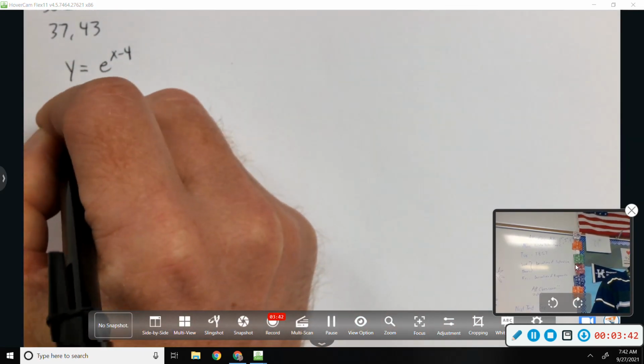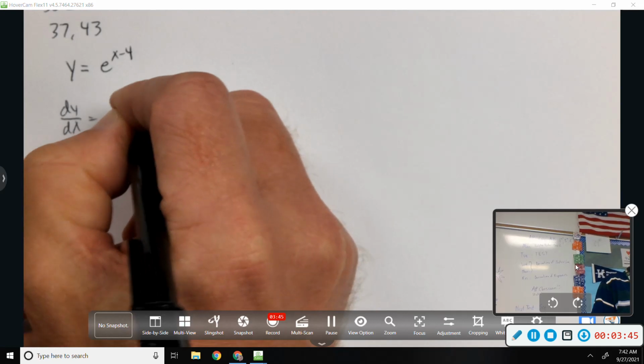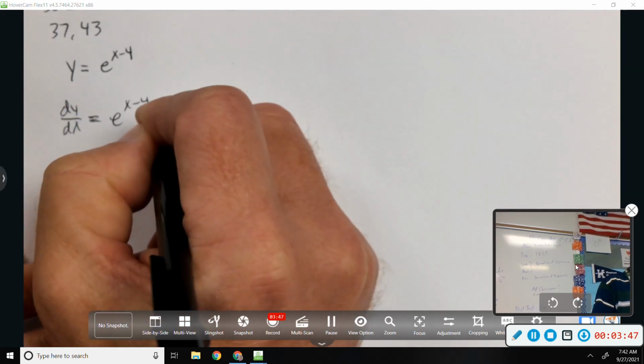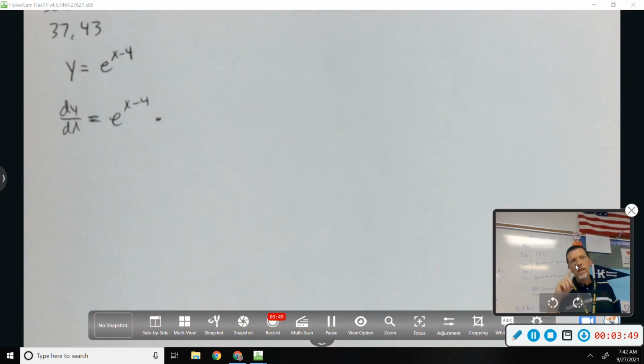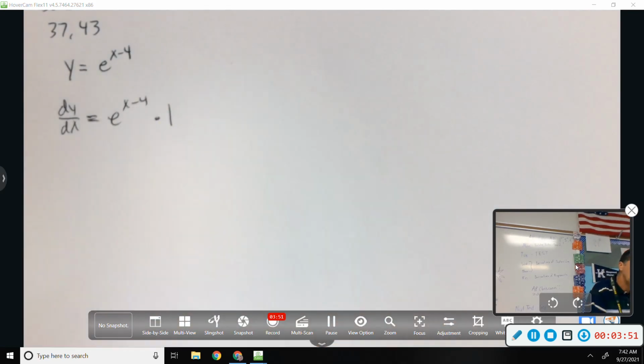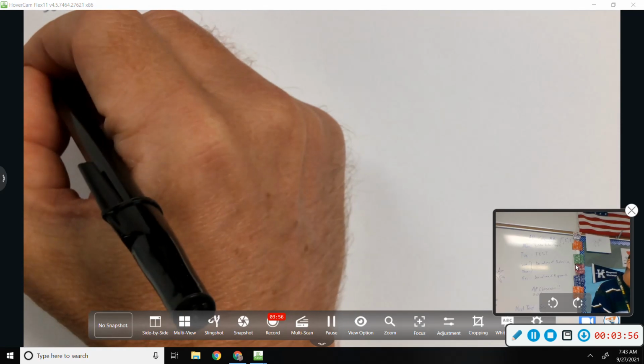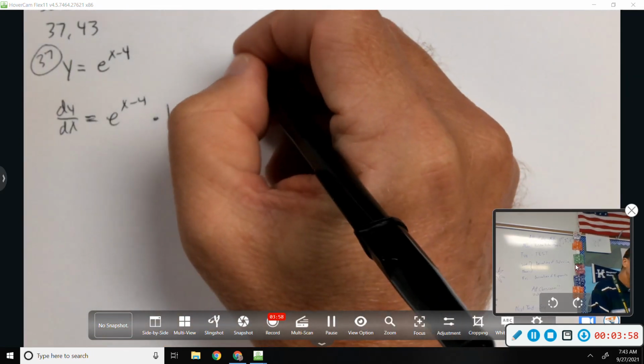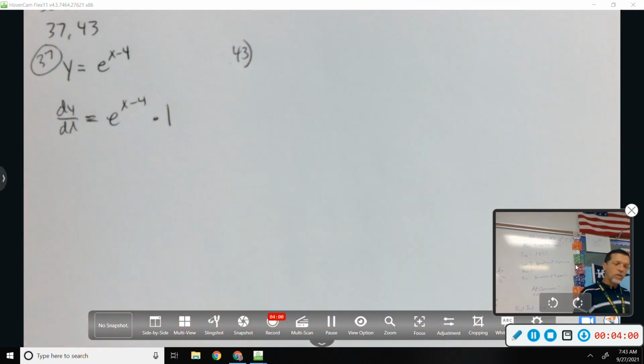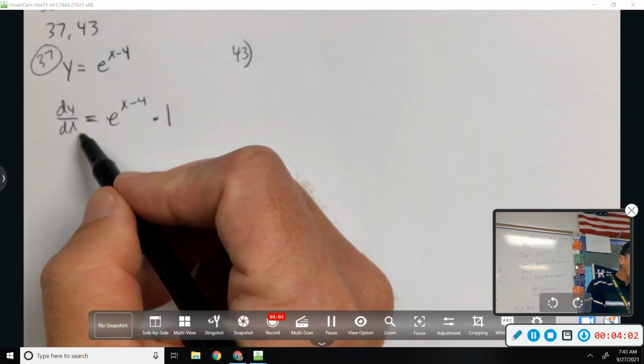So dy dx would be e to the x minus 4 times 1. The derivative of x minus 4 would be 1. So that's it for 37. Okay, I thought it was weird that you just get the same as the original. Yeah, so yes, y and y prime are equal to each other on that one.